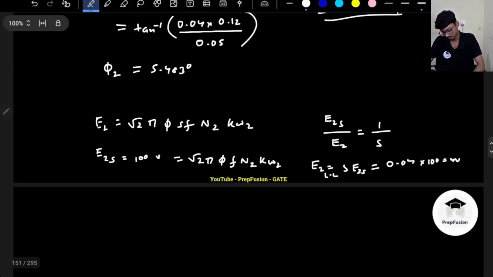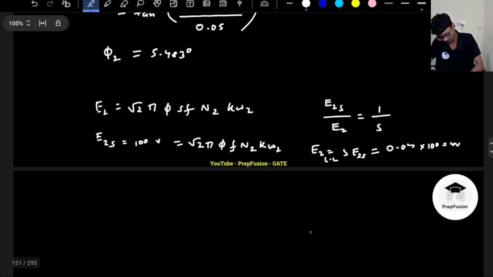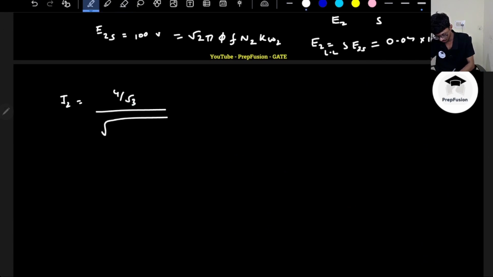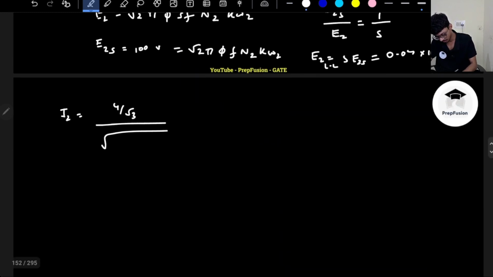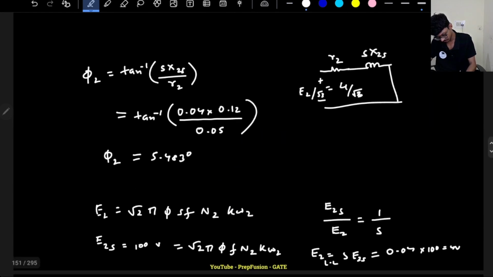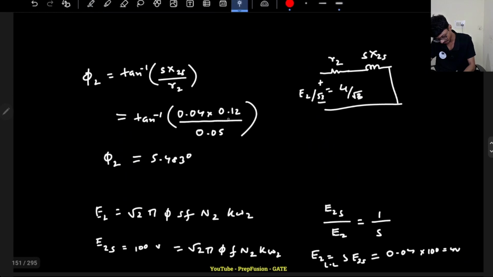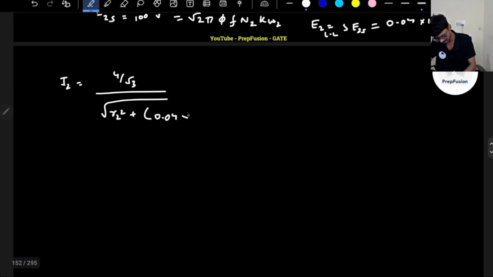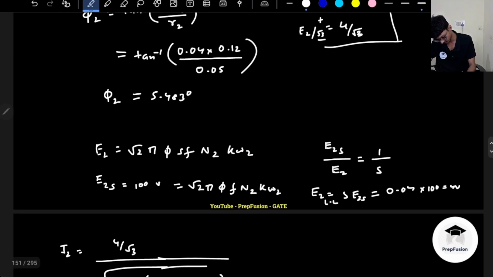Now I need to find out the current. I2 will be simply 4 divided by root 3 divided by the magnitude of the impedance, that is square root of R2 whole square plus X2 whole square. X2 this time is S into the standstill reactance, so 0.04 into 0.12, a very low value. R2 is 0.05, also a very low value.